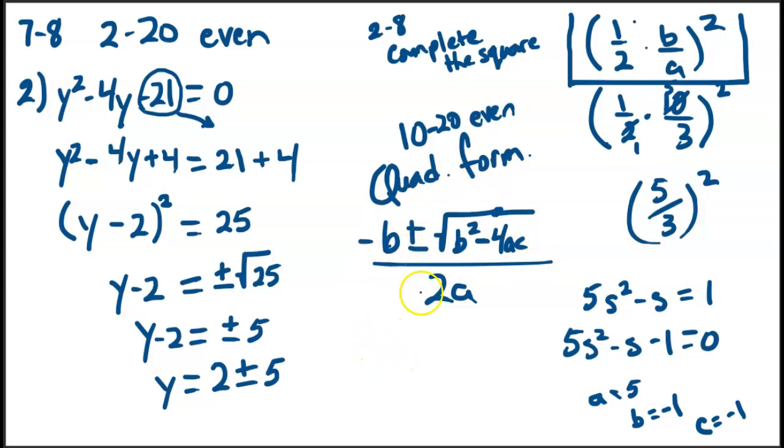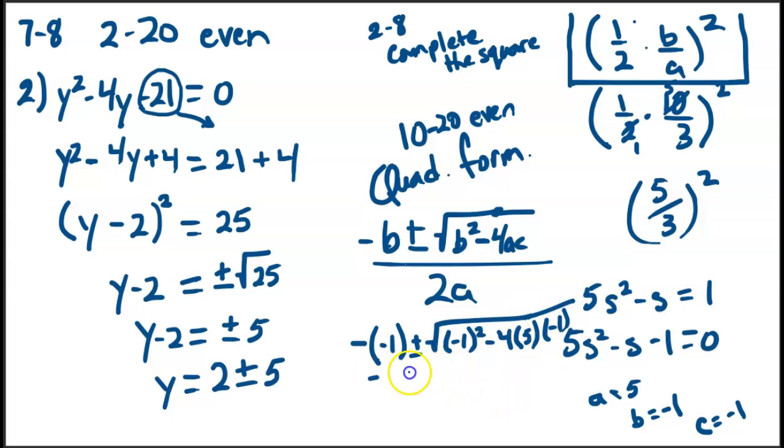So I'm going to take my quadratic formula right here, and -b, which is -1, plus or minus square root of b squared. This is -1 squared minus 4 times 5 times -1 all over 2 times 5. And I'm simply going to reduce that. Okay? All right, 7-8 is yours to enjoy.